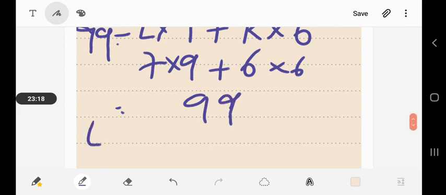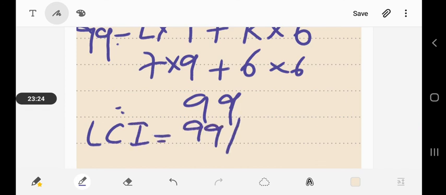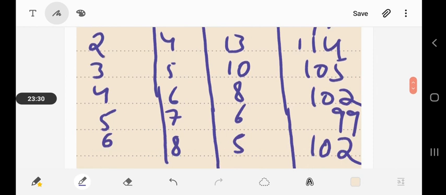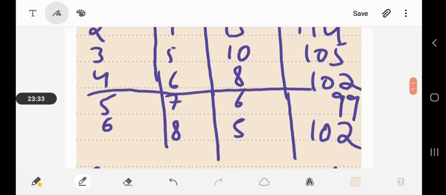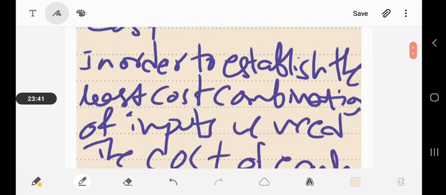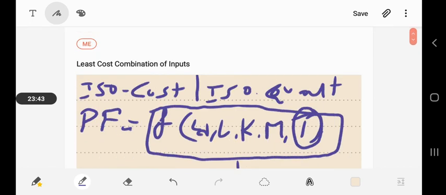Therefore, the least cost combination of inputs is at 99 rupees. That is the fifth combination, 7 units of labor and 6 units of capital. This is about the least cost combination of inputs.